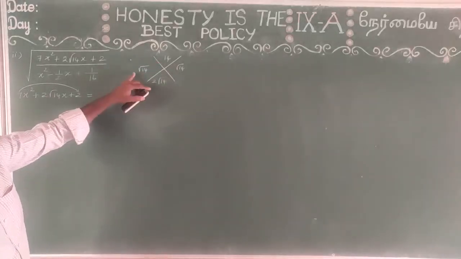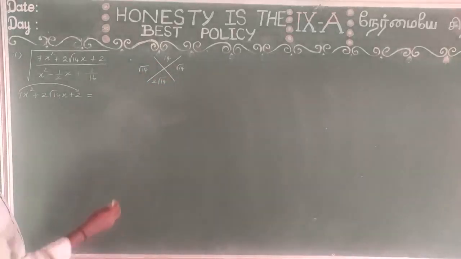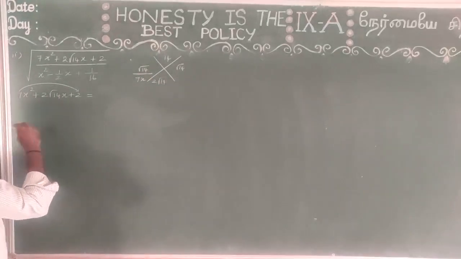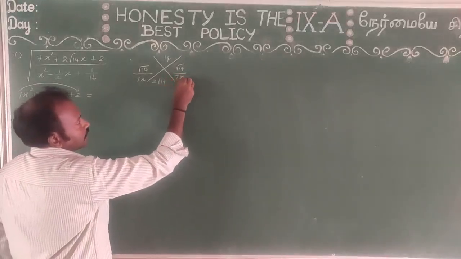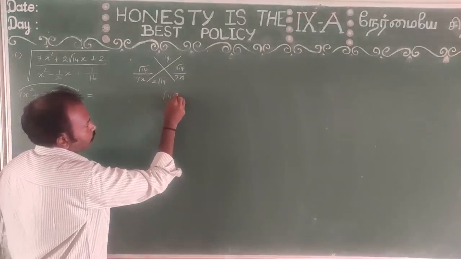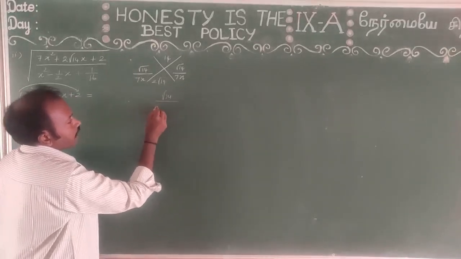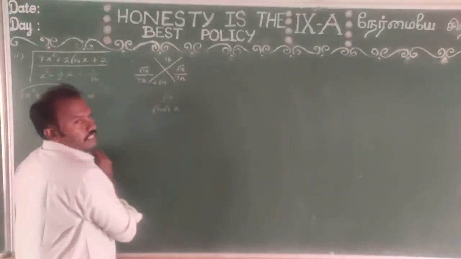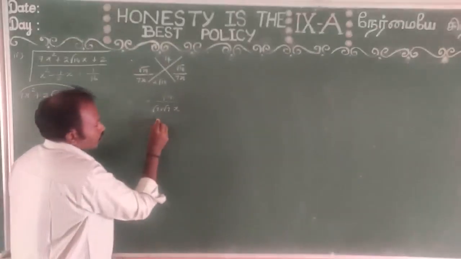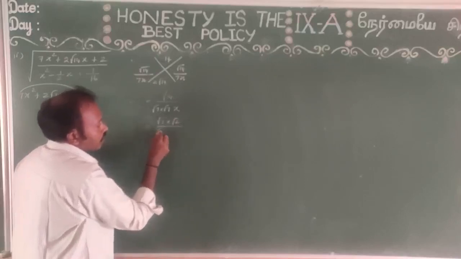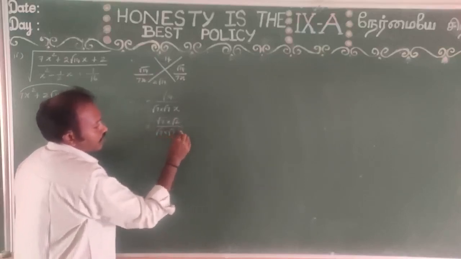Then root 14 plus root 14 is 2 root 14, divided by 7x. Root 14 divided by 7 is equal to root 7 into root 2. Right. Then root 7 into root 2 divided by root 7 into x.